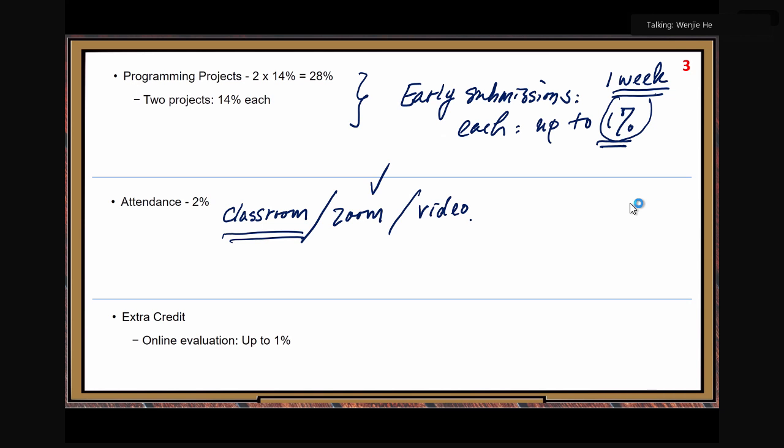But one thing: to earn the extra credit, I don't want some students to submit a project with a lot of problems. That's not good, so don't do it that way.